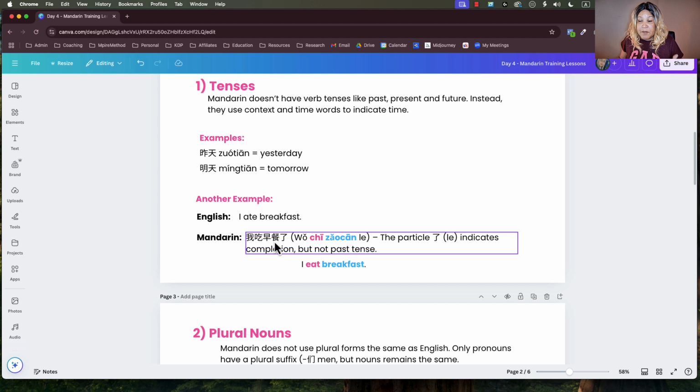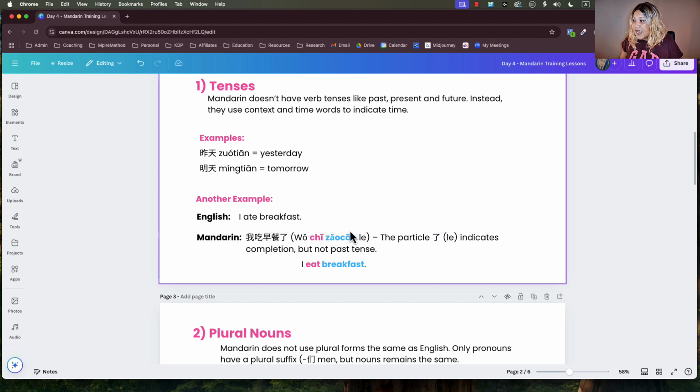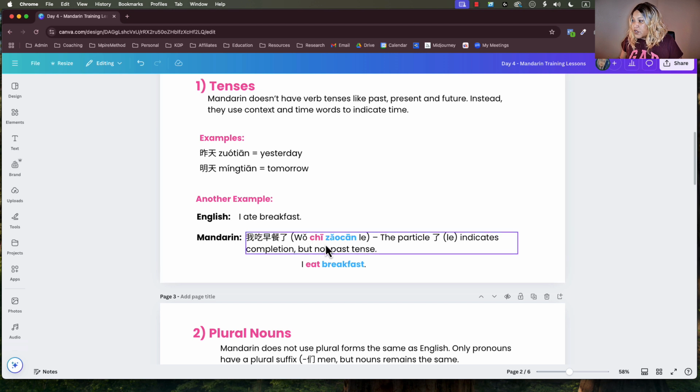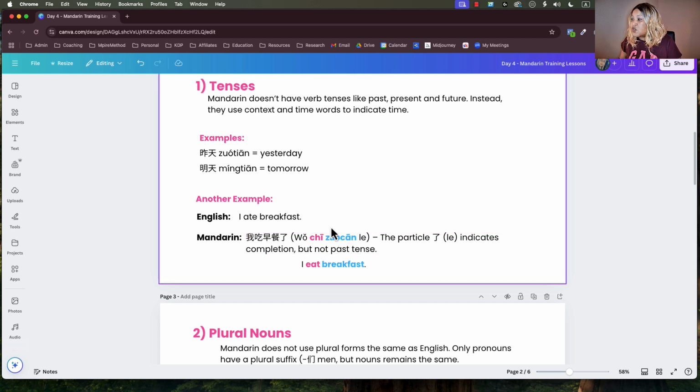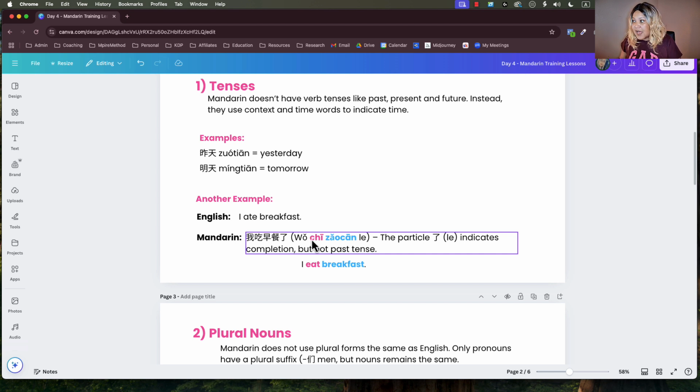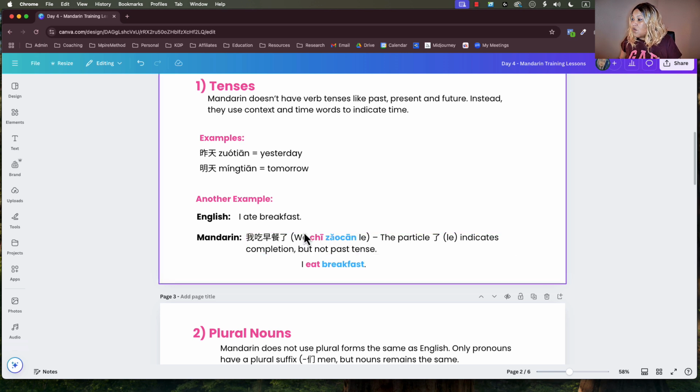So the way they say it in Mandarin, instead of saying I ate breakfast, they would say wo chi zaocan le. So wo chi zaocan le. The le at the end is a particle.